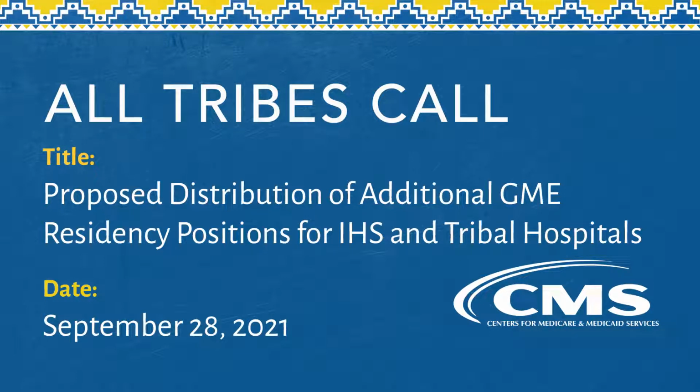Starting up a program from scratch, separate from 126, would be outside the scope of the 126 rulemaking, but I know HRSA has some programs that can help rural hospitals set up programs. Perhaps that's a separate call or a separate line of inquiry for some of the resources that are available from HRSA. And I don't know, Dr. Carroll, I know you have some GME experience.